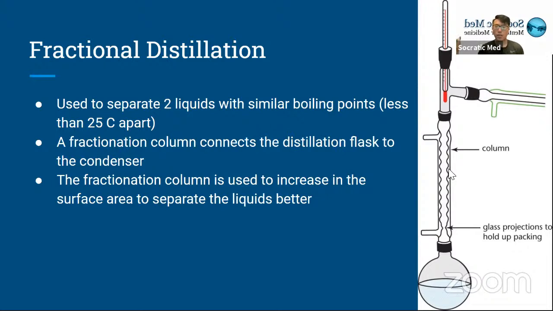The fractionation column is used to increase the surface area to separate the liquids better. This column will be able to separate the liquids in the distilling flask, even though they have boiling points that are less than 25 degrees Celsius apart.